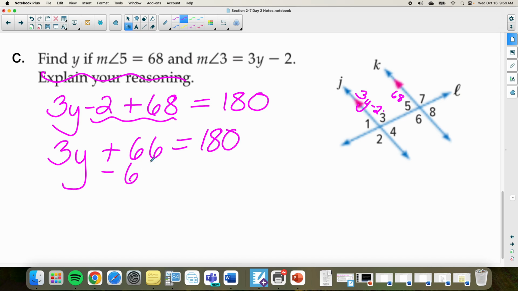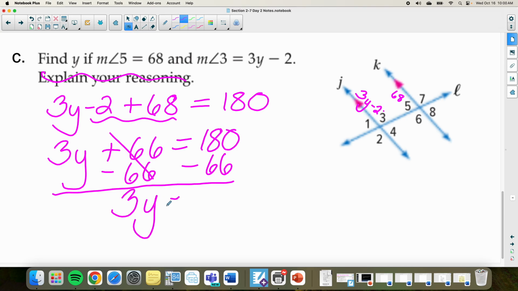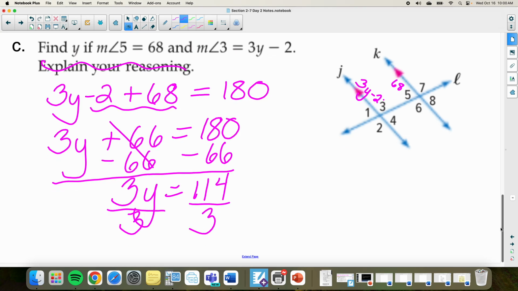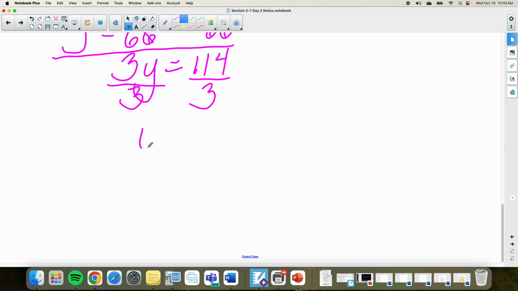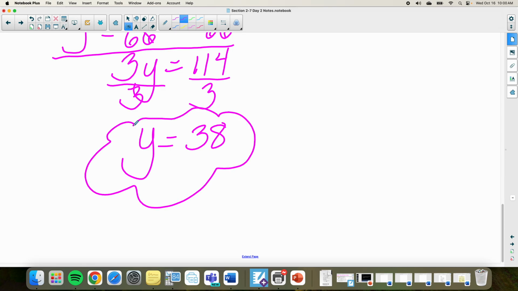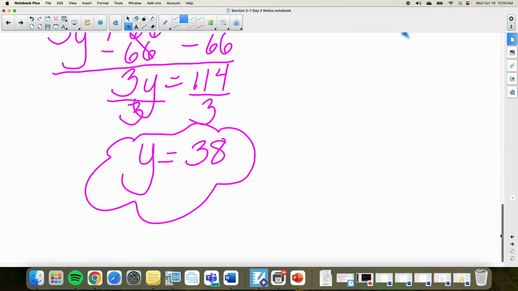Then I'm going to subtract 66, and I get 3y equals 114. Divide by 3, and y would be 38. Okay, and I believe that's all we had to do, is find y.